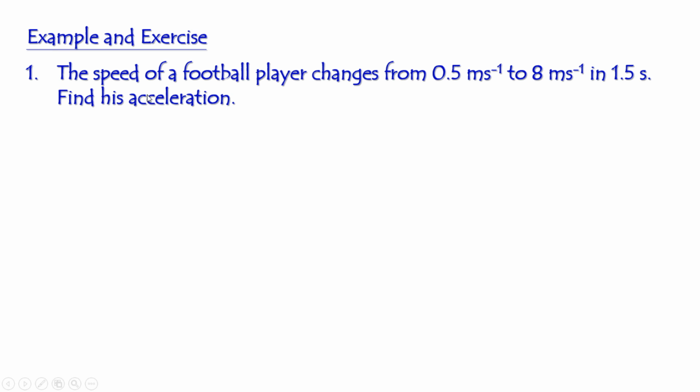Let us look at question 1. The speed of a football player changes from 0.5 meter per second to 8 meter per second. That means the player moves faster and faster from 0.5 meter per second to 8 meter per second in 1.5 seconds.